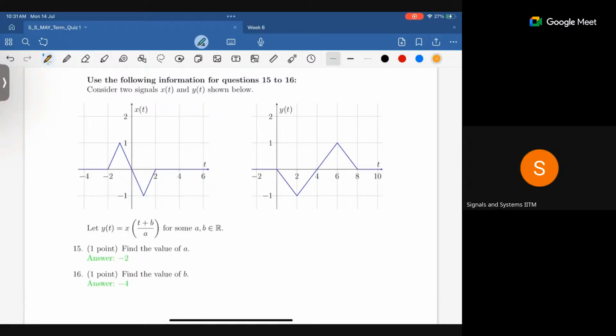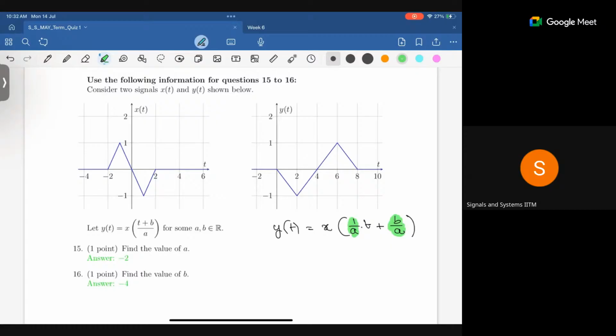Right, so this y of t is x of 1 by a into t plus b by a. Right, so this is the scaling factor and this is the shifting factor. And you can clearly see there is a reversal happening and scaling also happening, shifting also happening.